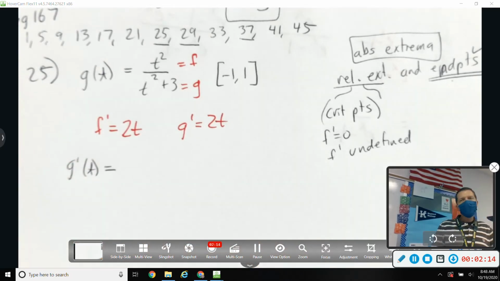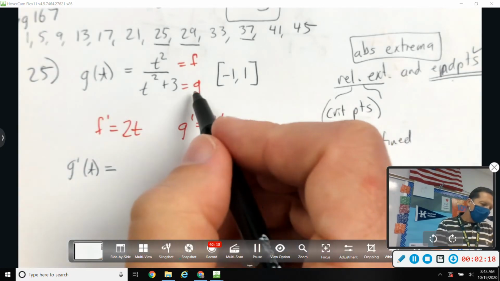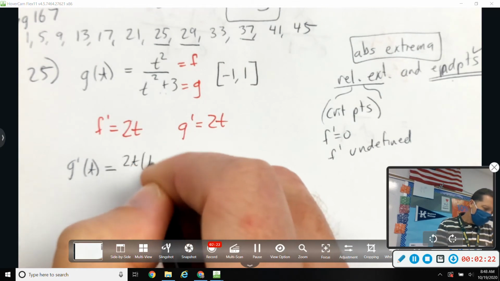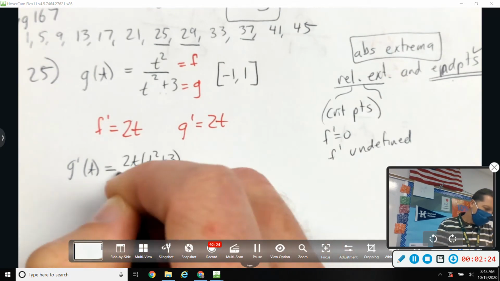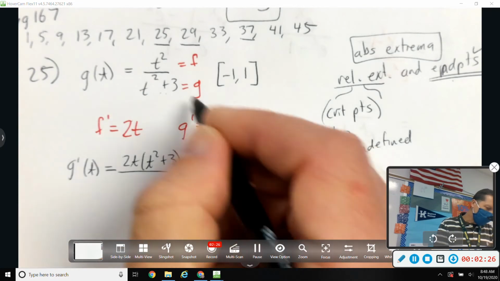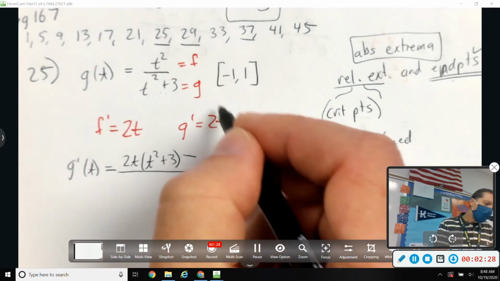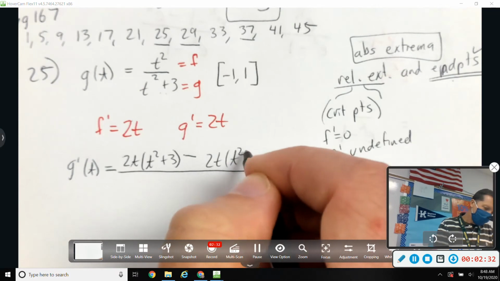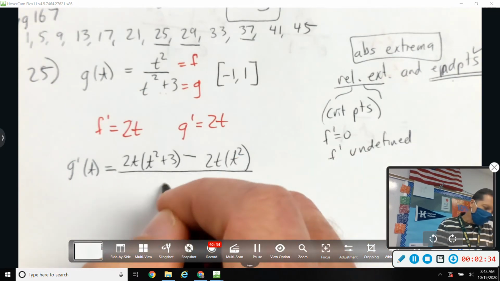So quotient rule is gf prime minus fg prime, all over g squared.